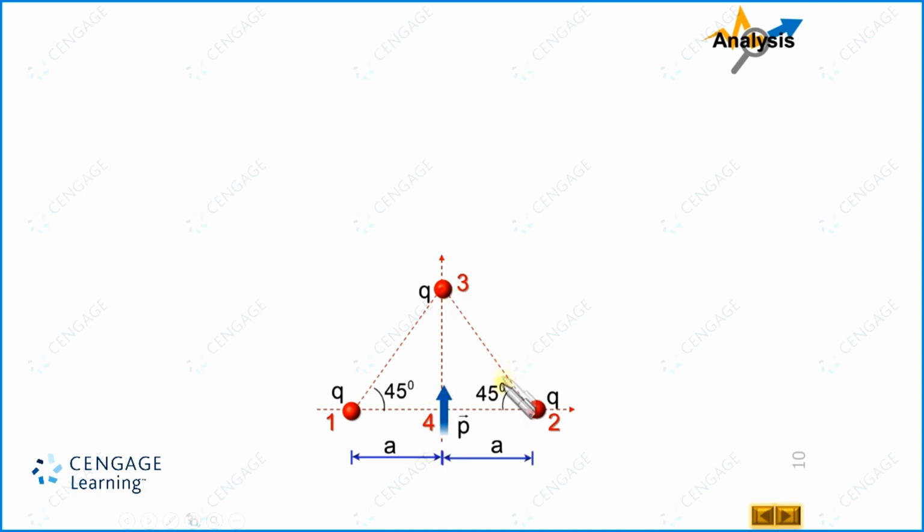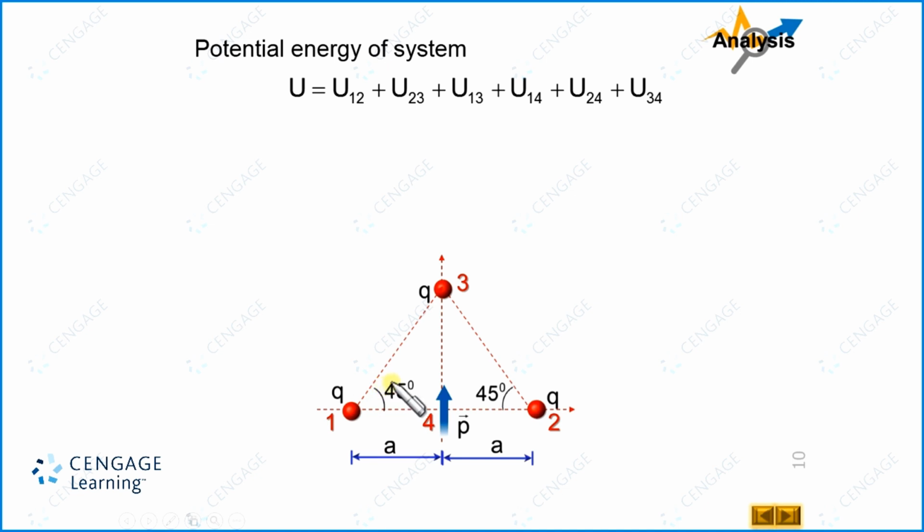We have 4 elements, which means the number of pairs should be 6, and we can write the potential energy of these 6 pairs as U12, U23, U31, U14, U24 and U34. U12 is the potential energy associated with these two charged particles separated by a distance 2a.